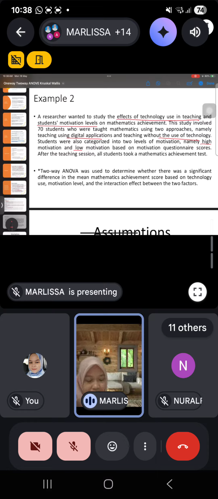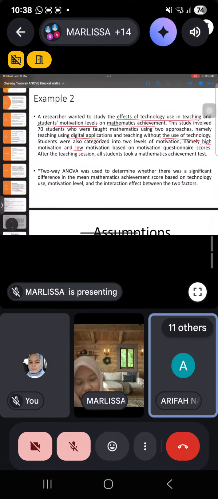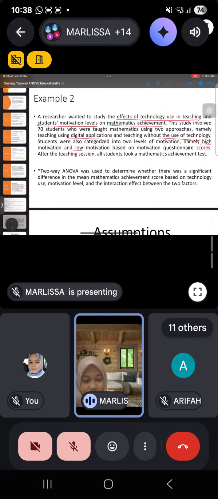Okay, so what is the DV here? Mathematics achievement. All right. So you have two IVs, which are the effects of technology use and student motivation level, and your DV is mathematics achievement.